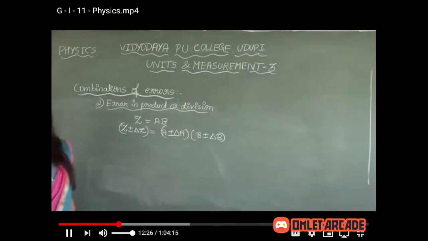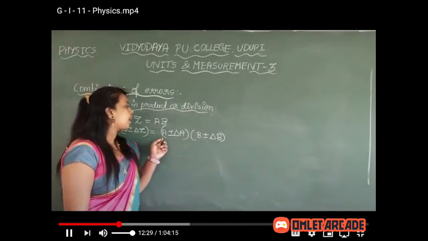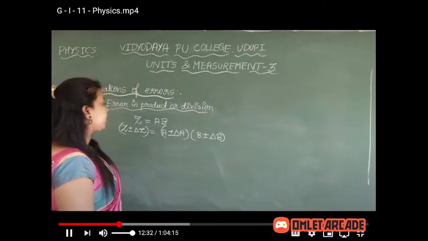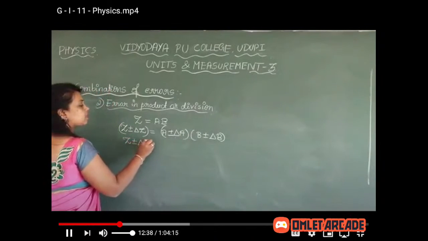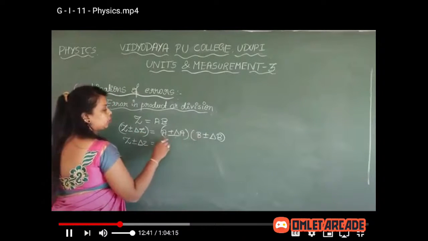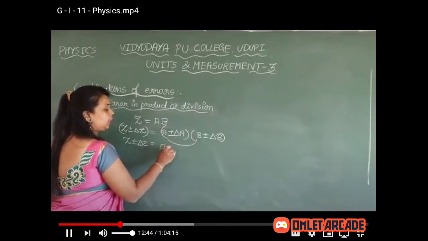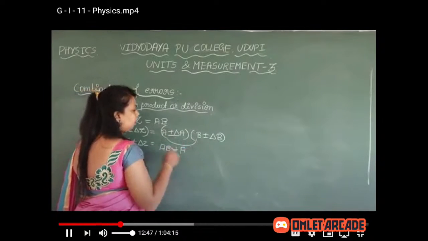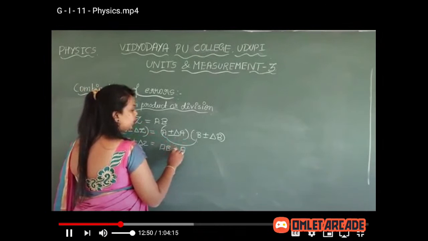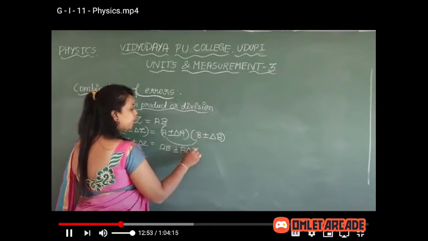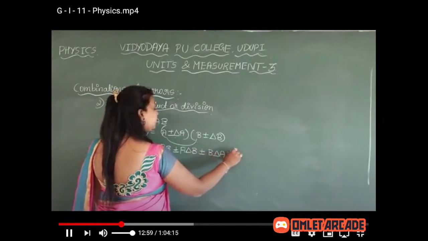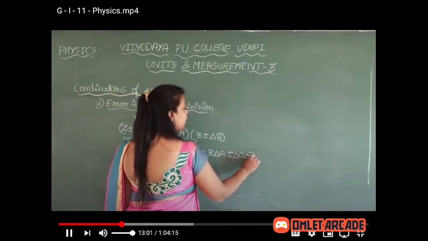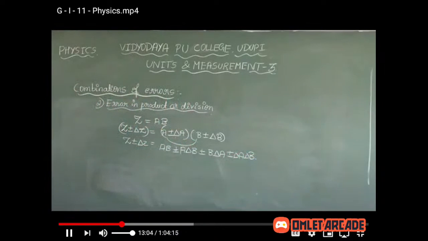Now instead of A I substituted A plus or minus delta A, and instead of B, B plus or minus delta B. So if we rewrite, Z plus or minus delta Z is equal to, on multiplication, A into B plus or minus A into delta B plus or minus B into delta A plus or minus delta A into delta B. Yes, you know about this, right?